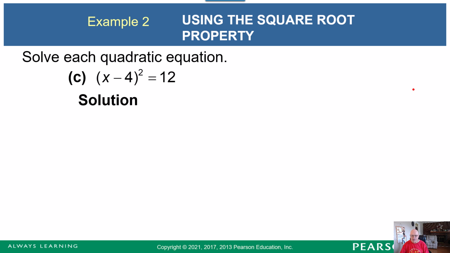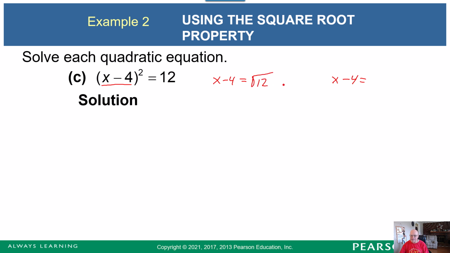So x minus 4 equals, now 12 can be written as 4 times 3, and we care about that because this works out even. So we have the square root of 4, square root of 3, so we have x minus 4 equals 2 square root of 3. Now we can fast forward over here. We've done the hard work.